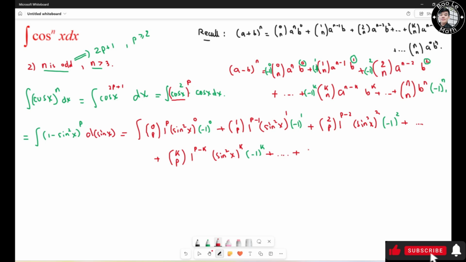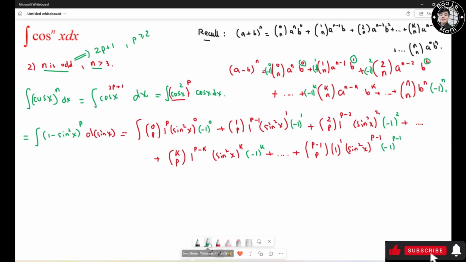Now, the term before the last one should be the combination of p minus 1, p, times 1 raised to the power of 1, sine square of s raised to the power of p minus 1, times negative 1 raised to the power of p minus 1.